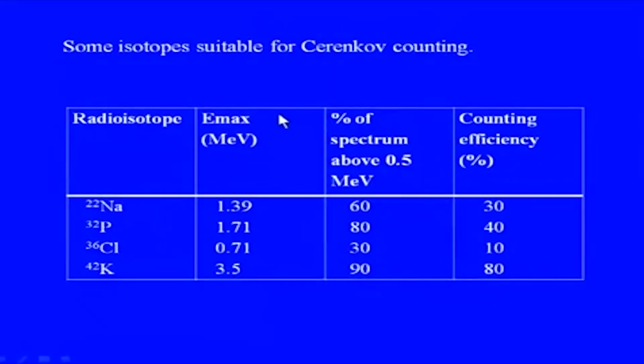If you look at this table here, there are radioisotopes which have an energy spectrum above 0.5 million electron volt.